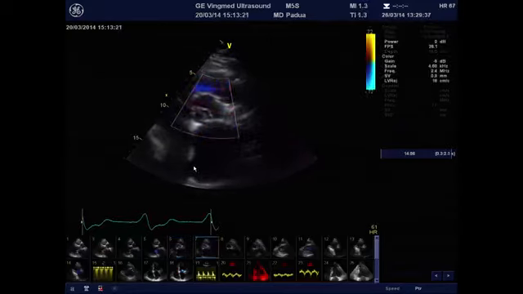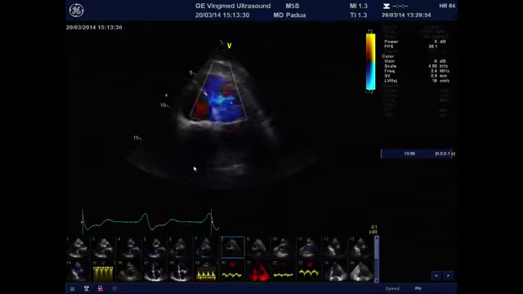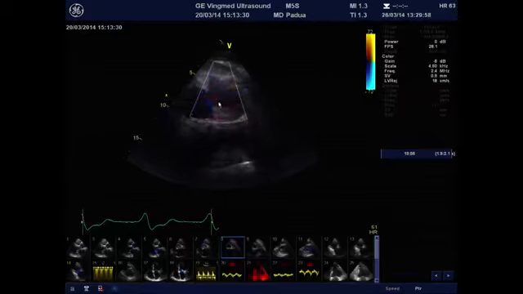Then I put the color in order to check the origin and the actual size of the small aortic regurgitation. Then I tilt a little bit to move the color on the pulmonary valve, and again I detect a small pulmonary regurgitation that was already present here.